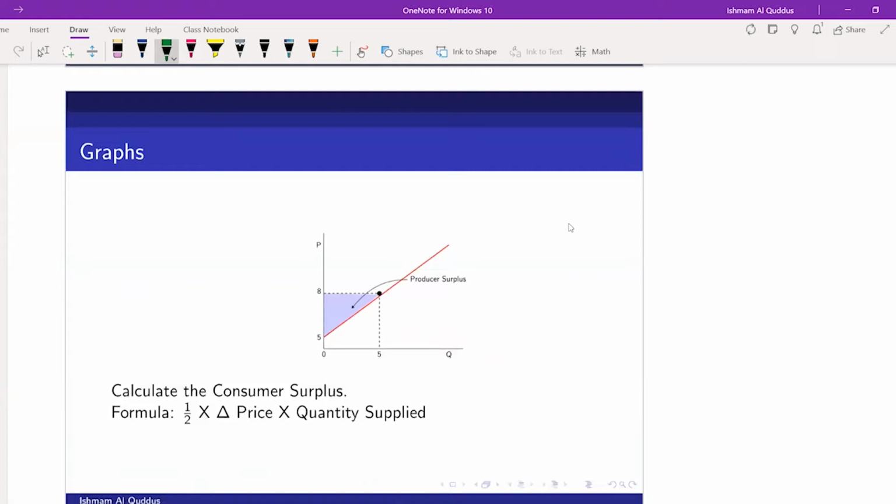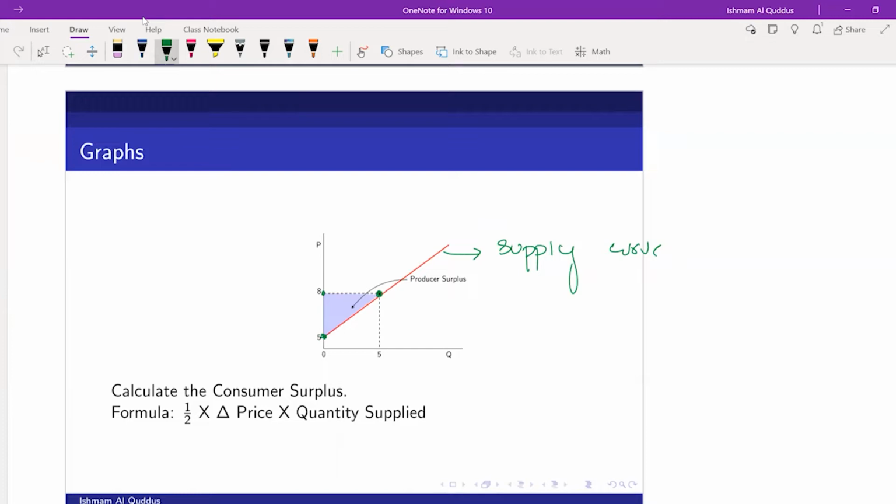So look at this example. This would help you to understand the concept graphically. So here, this is your supply curve, right? Because now we are talking about producer surplus, so supply curve. Now, the amount the product is being sold at in the market currently is 8 taka. Now, this is your WTS, or the cost price.